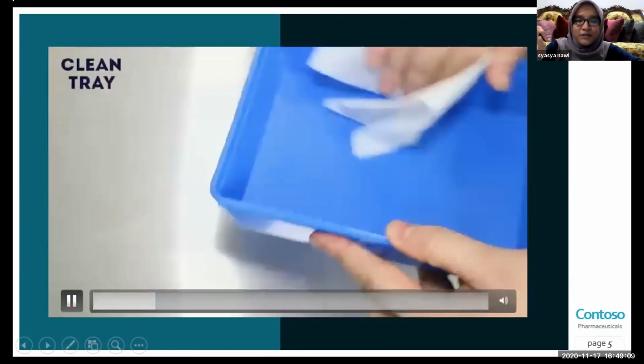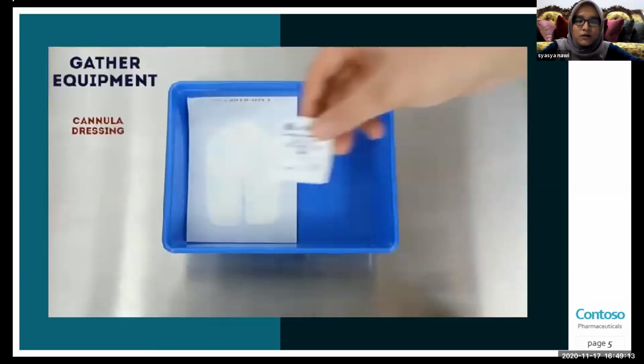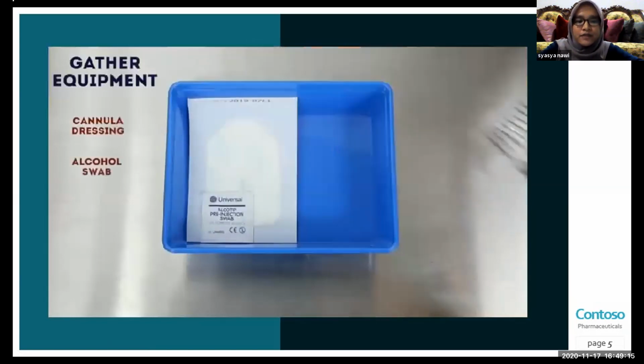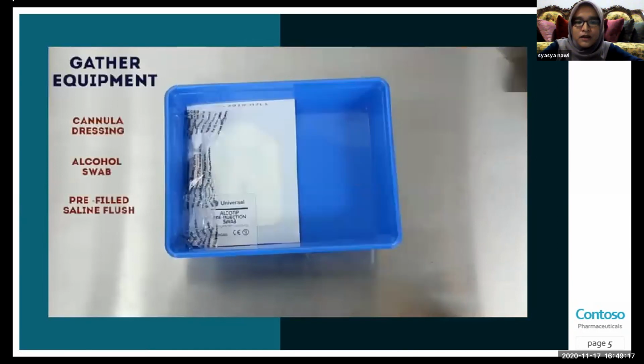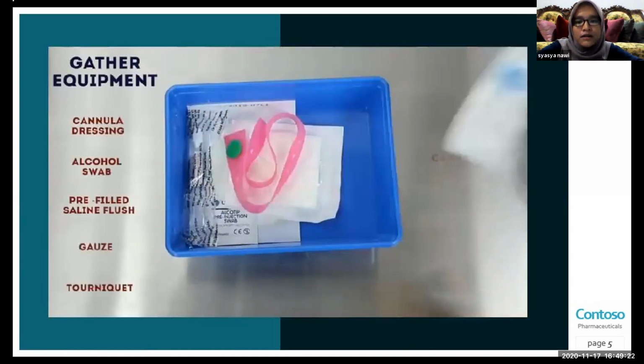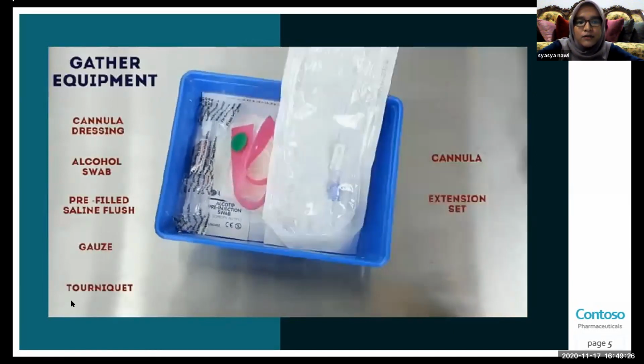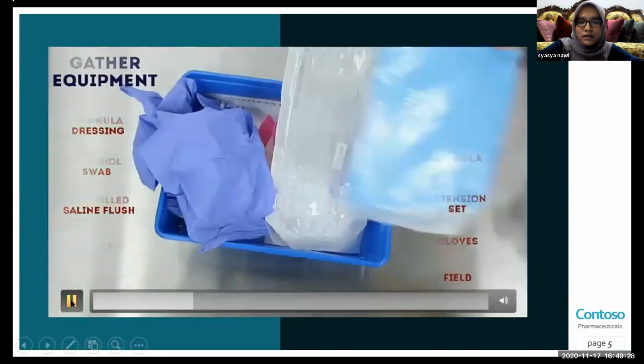For the equipment, we need the cannula dressing, alcohol swab, pre-filled saline flush, a gauze, a tourniquet, a cannula, an extension set. Then we need the glove and also the field.